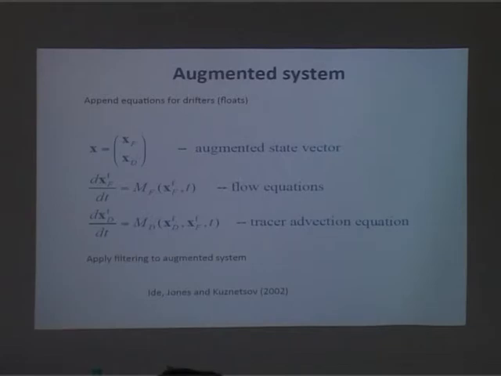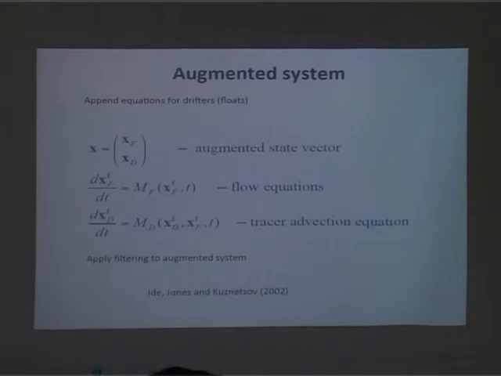So the XF you want to think of as solving the fluid equations, the ocean model, the QG model, primitive equations, or whatever. So the first equation, the flow equations, is essentially that. And then you append to that equations for the tracers. So you might be putting in two floats, say, and they're moving along.